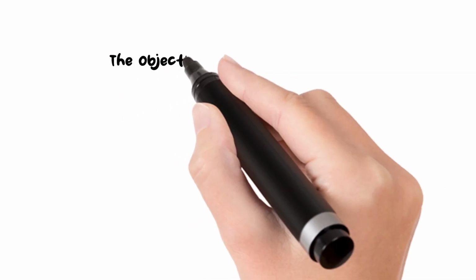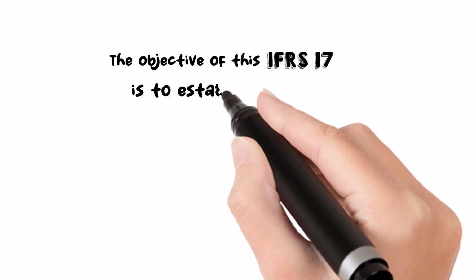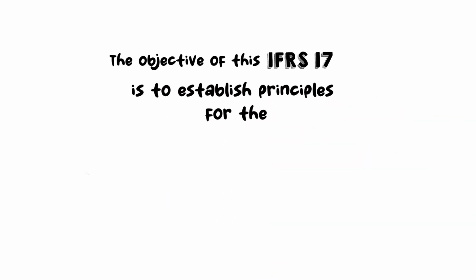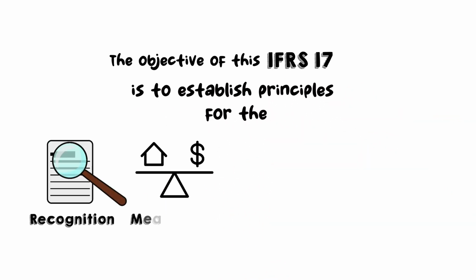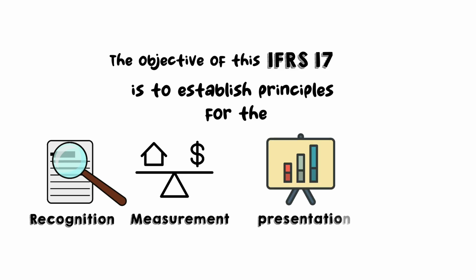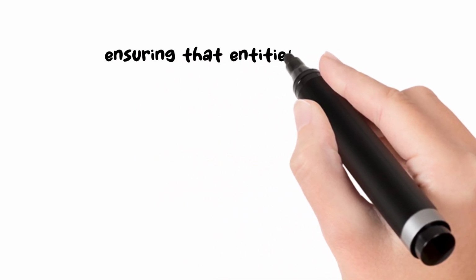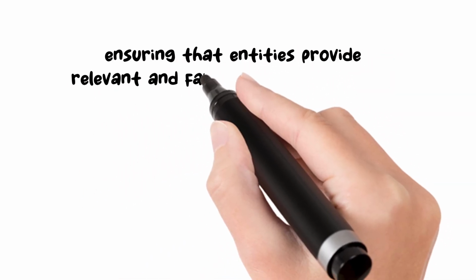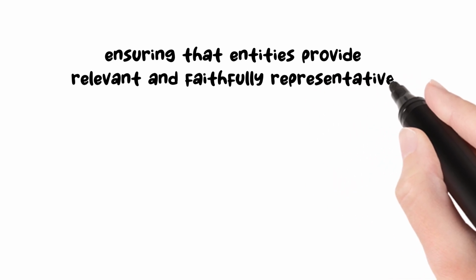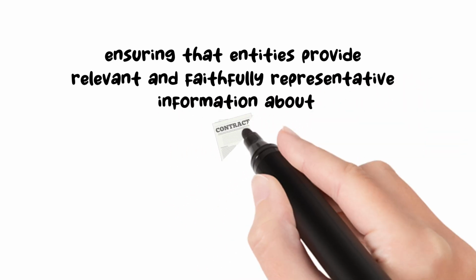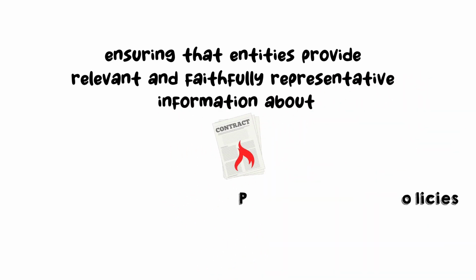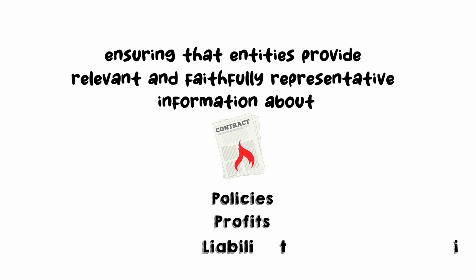The objective of IFRS 17 is to establish principles for the recognition, measurement, presentation, and disclosure of insurance contracts, ensuring that entities provide relevant and faithfully representative information about those contracts, like policies, profits, and liabilities.